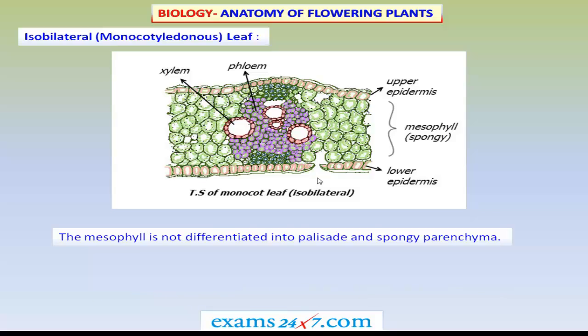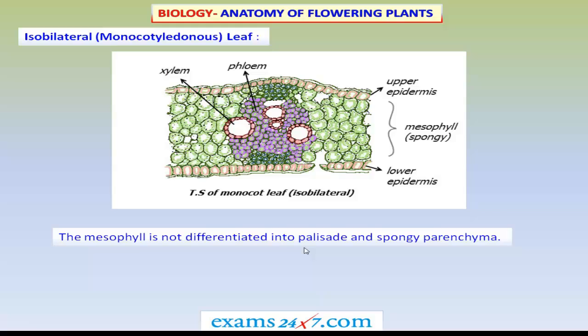When we take a section of a monocot leaf, although like the dicot it has an upper epidermis and lower epidermis, the mesophyll tissue that is present between the two epidermal layers does not show any differentiation into palisade and spongy parenchyma. All the cells are similar.